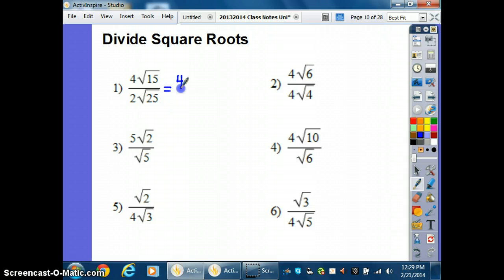So we have 4 square root of 15 over 2 times 5, the square root of 25, and we get 4 square root of 15 over 10. We still need to reduce 4 and 10. 2 goes into both of those. So it would be 2 square root of 15 over 5. We're done.